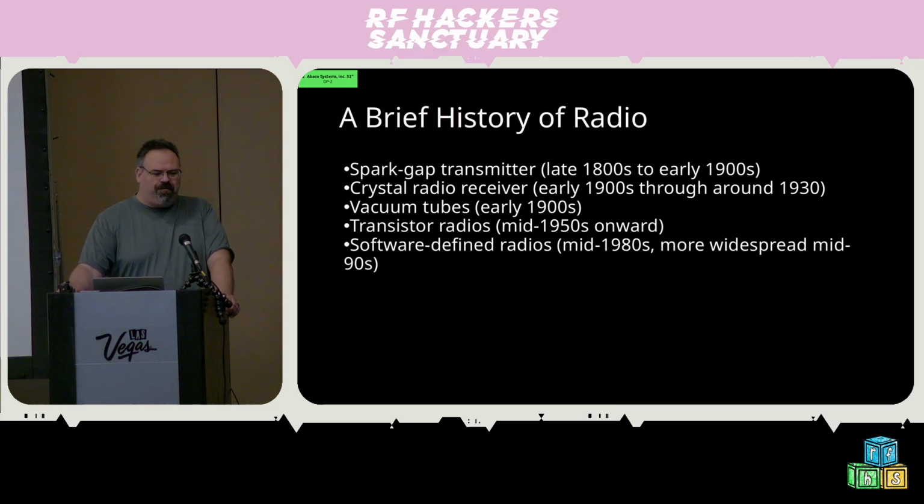And then software-defined radios, where you digitize the RF spectrum as close to the antenna as you can, and then do everything else in software. Just run a whole bunch of math on it in an FPGA or computer, and then get your resulting signal out of that.